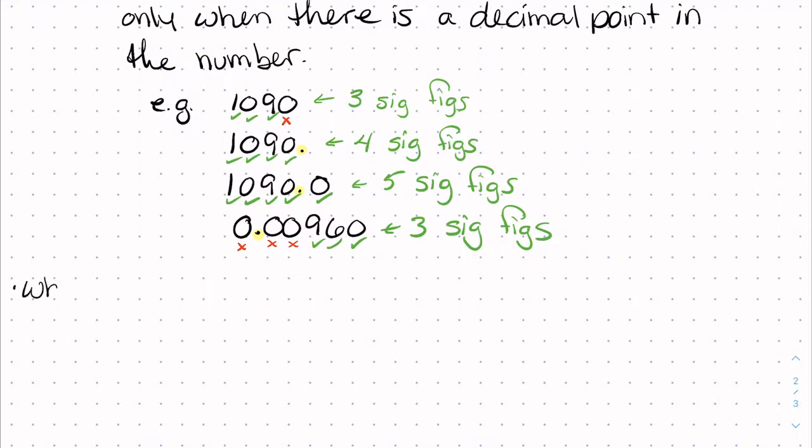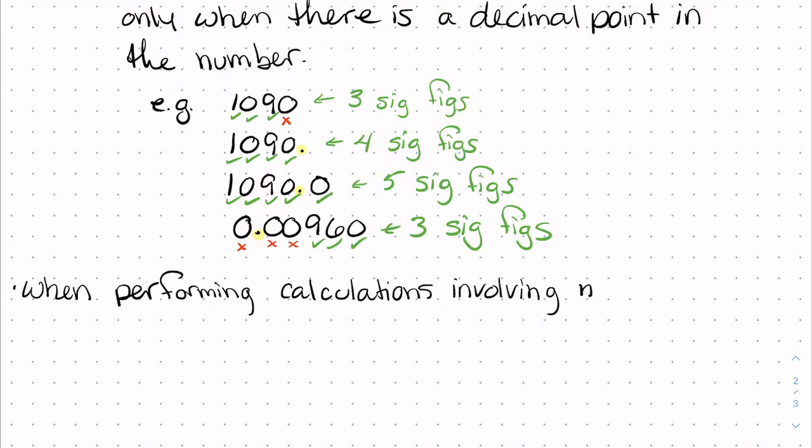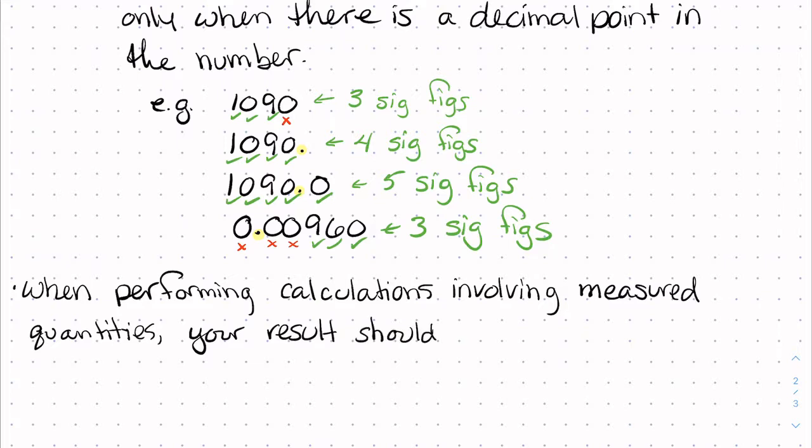When we're performing calculations in science, if those calculations involve measured quantities, and if they don't, none of this applies, but if they do, the result of your calculations must be expressed essentially to match the precision of your least precise measurement.